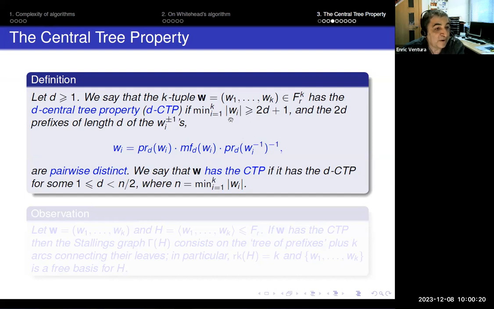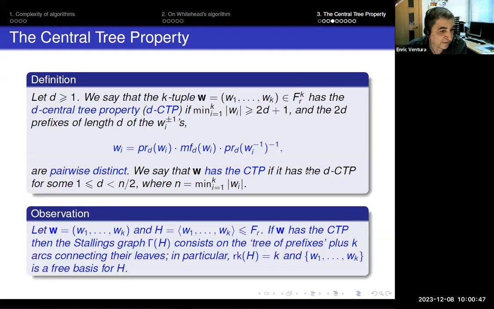That's why I require all the words longer than 2D for this to make sense. Okay, so then the tuple is said to have the central tree property if all these 2D prefixes are pairwise distinct. So there are no two such words having exactly the same D prefix from the beginning or from the end.